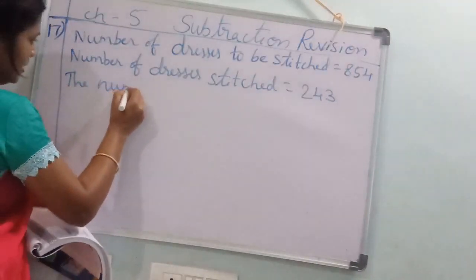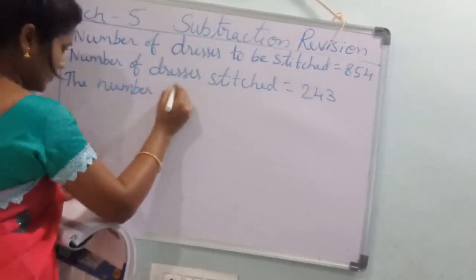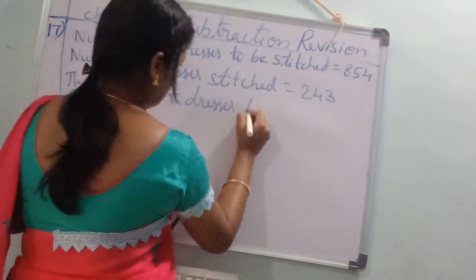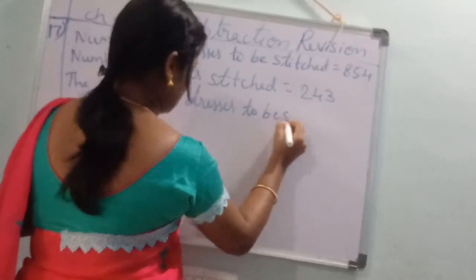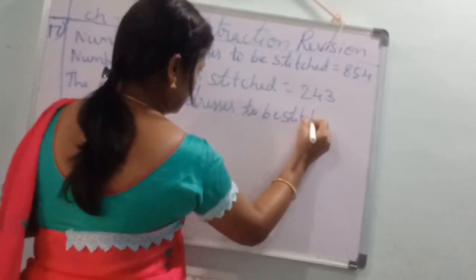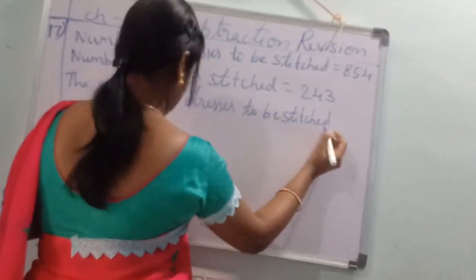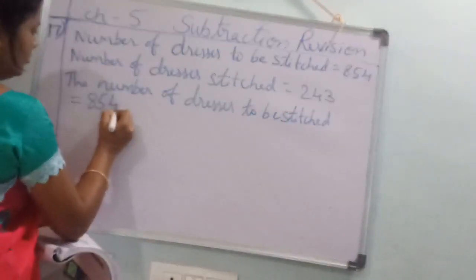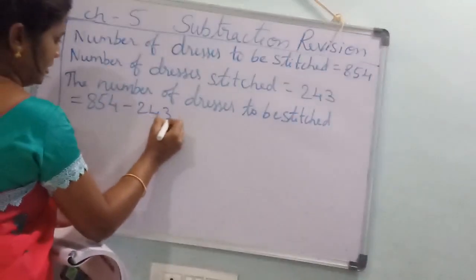The number of dresses to be stitched is equal to 854 minus 243.